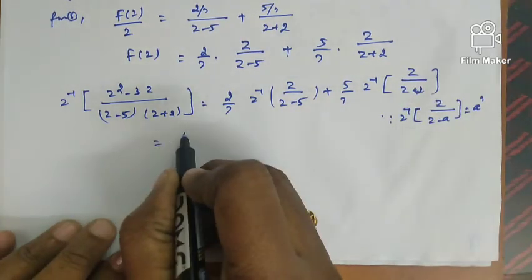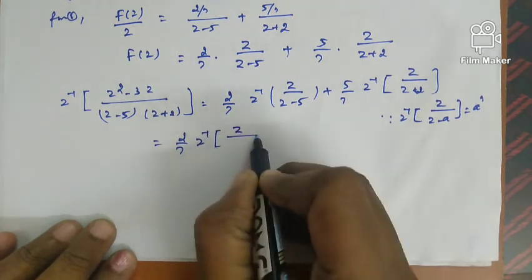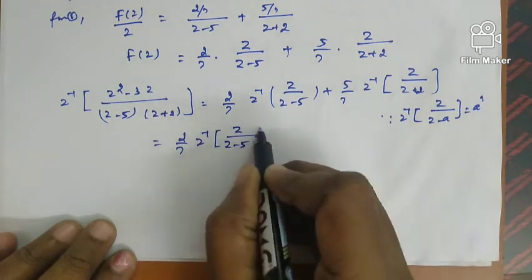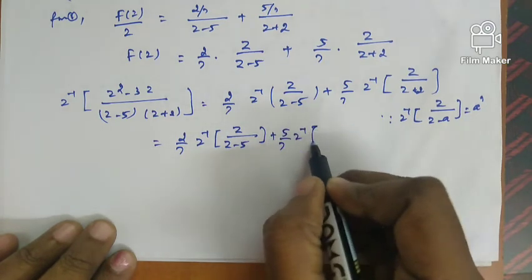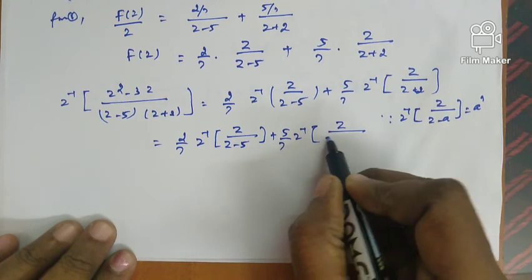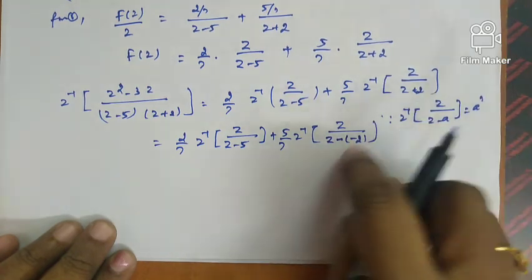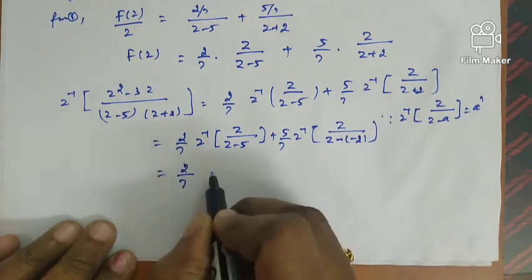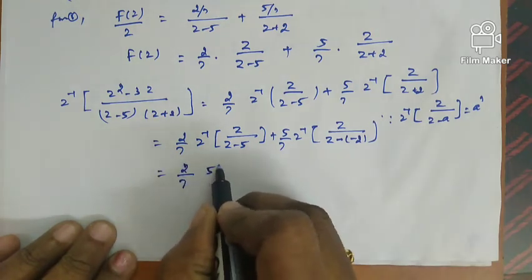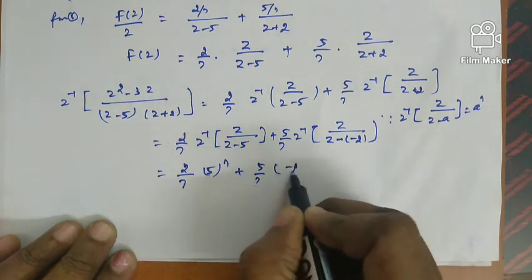So it equals 2 by 7 z inverse of z by (z minus 5) plus 5 by 7 z inverse of z by, this can be written as, z minus of minus 2. To bring this form we have written it like that. So now we can apply the result: 2 by 7 5 power n plus 5 by 7 minus 2 power n.